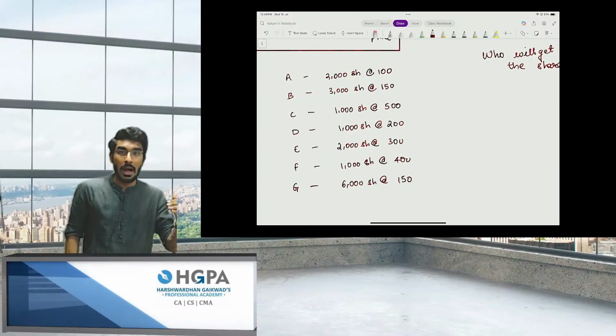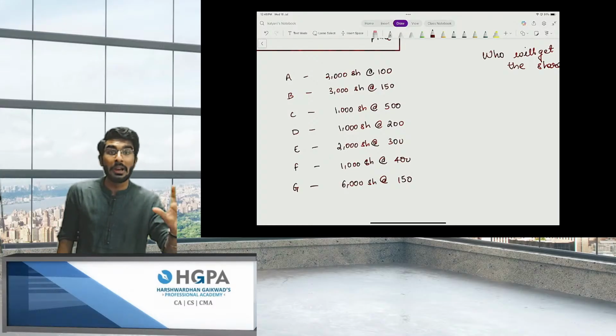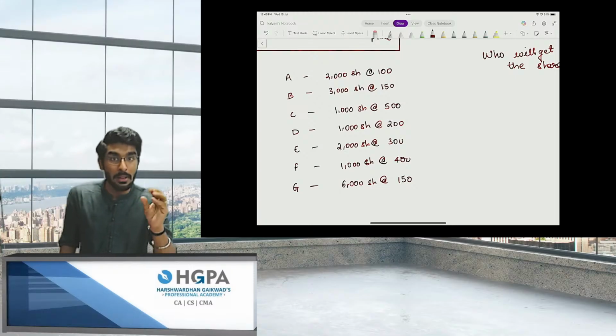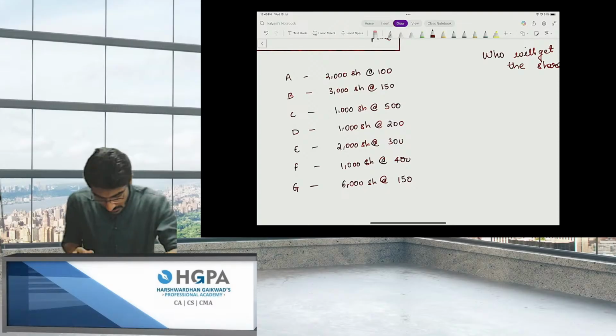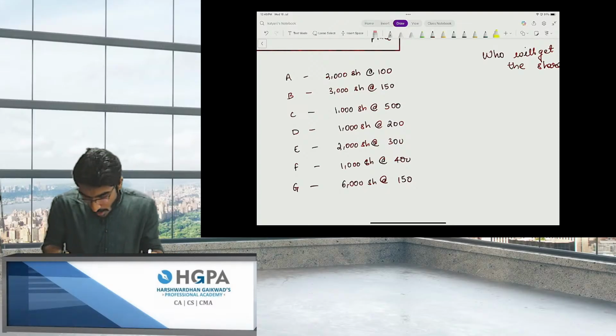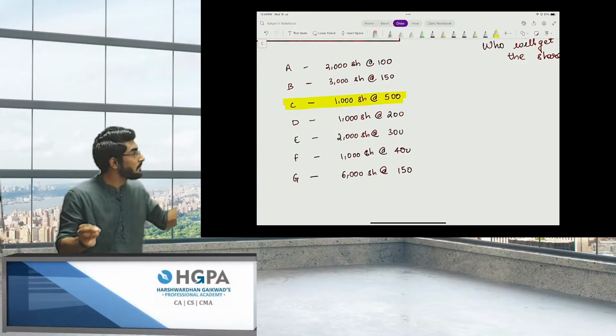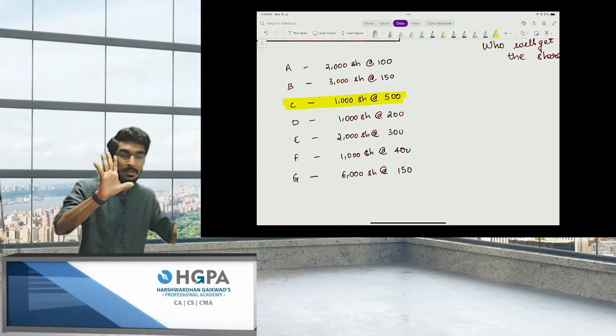Obviously, I will start from the one who wants to purchase the maximum number of shares. Over here, people, C is willing to pay more. C is the one who is willing to pay the maximum price, 500 rupees.